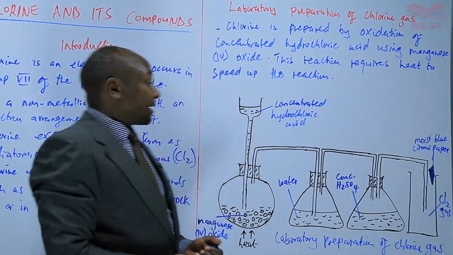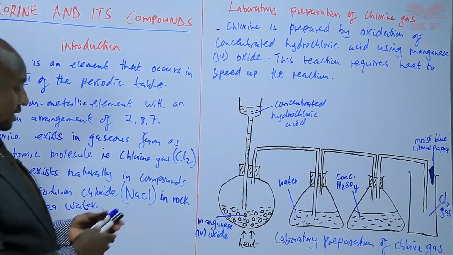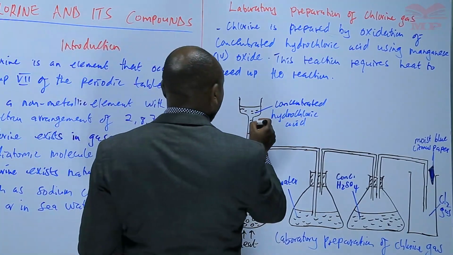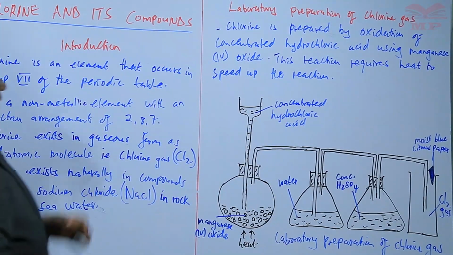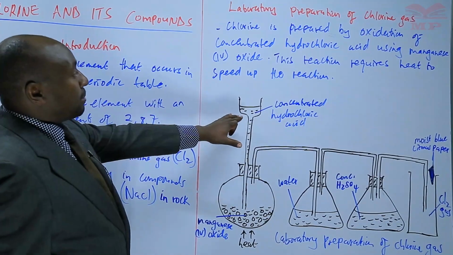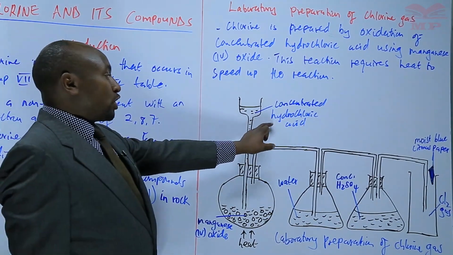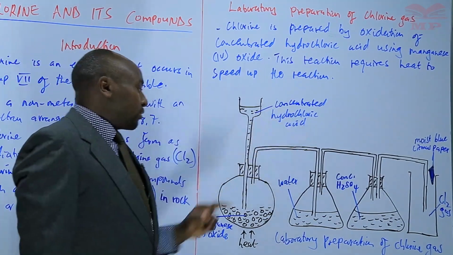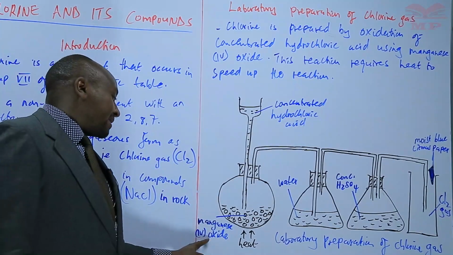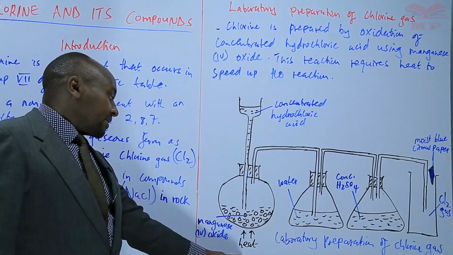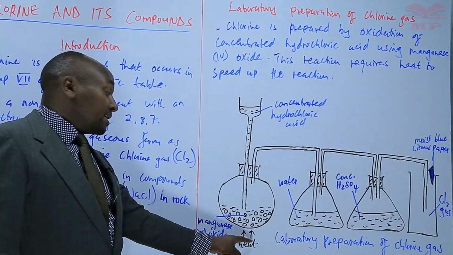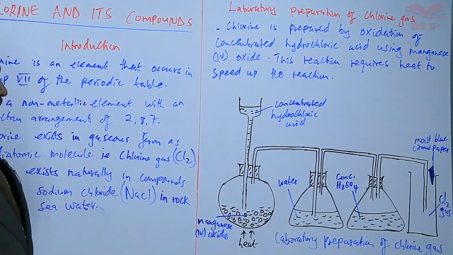So we have a diagram showing the laboratory preparation of chlorine gas, and we are preparing the gas by oxidation of concentrated hydrochloric acid using manganese 4 oxide as the oxidizing agent. The reaction requires heat to speed up the reaction.